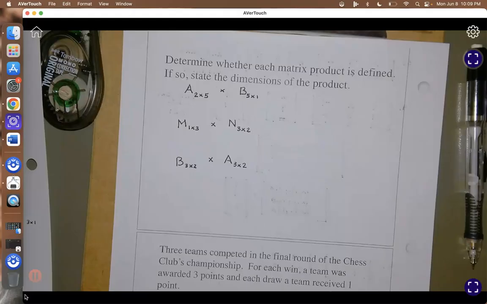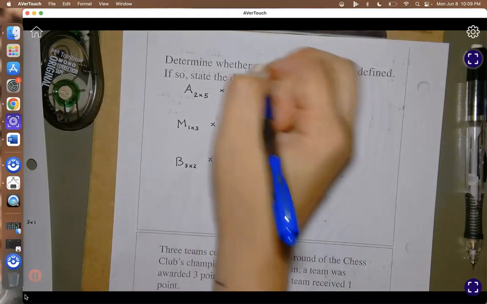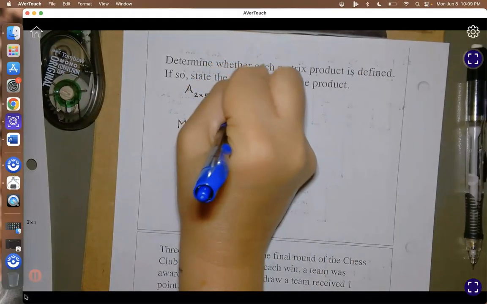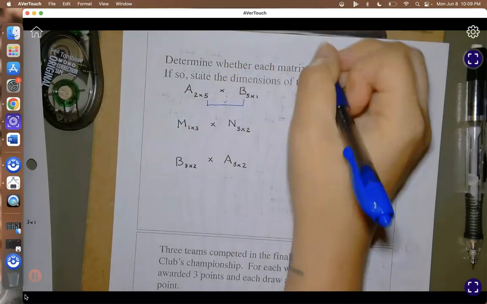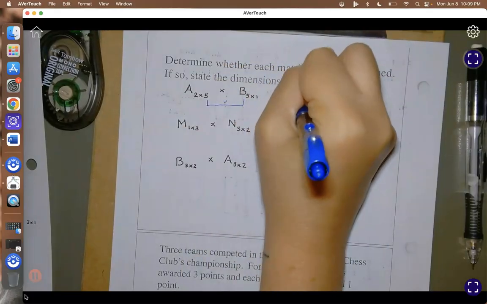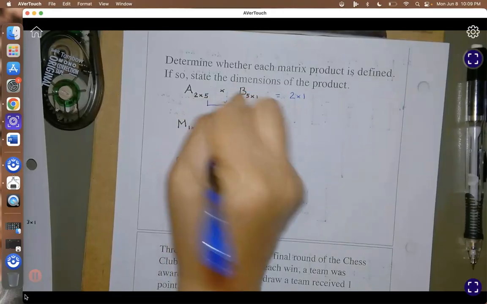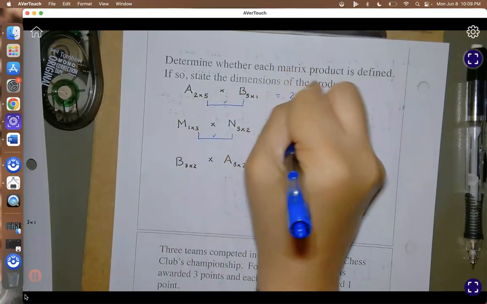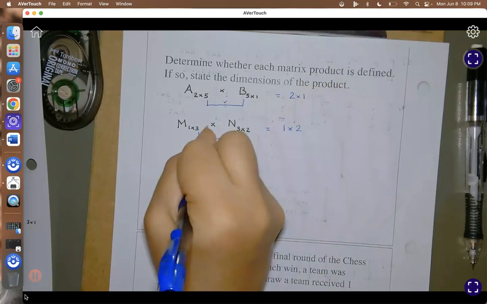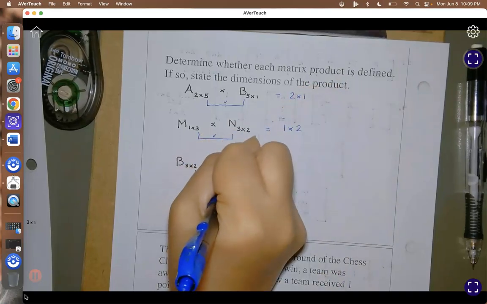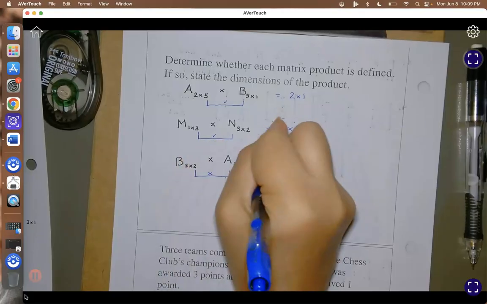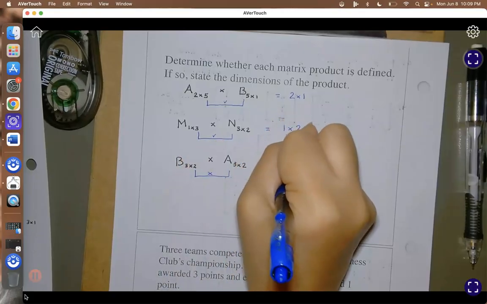Okay, then unpause it. All right, welcome back. So this one works, and our answer would be a 2 by 1. This one works, and our answer would be a 1 by 2. This one does not work, so it is undefined.